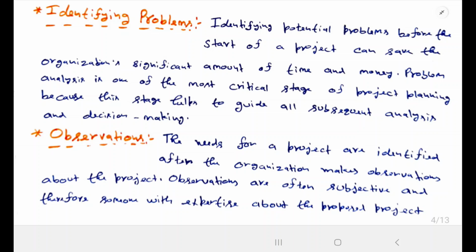And this will waste our most precious time and money as well. So the first step is we will identify the problem.